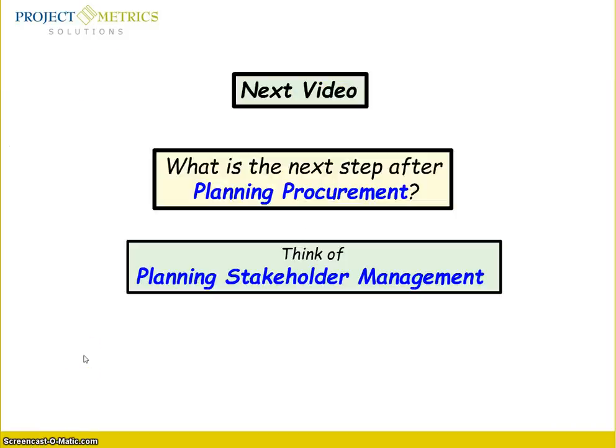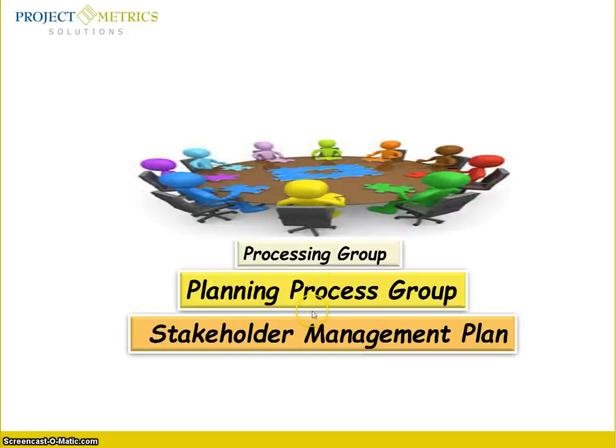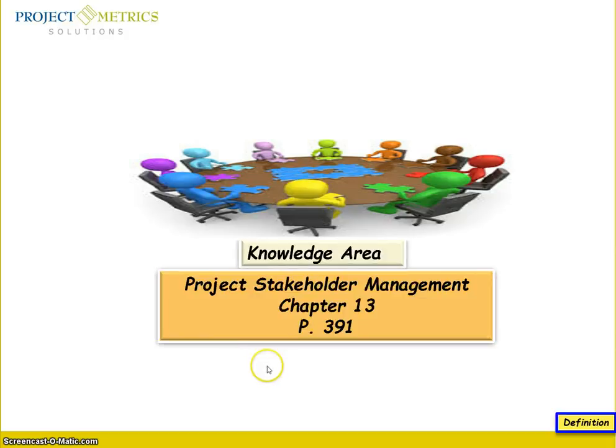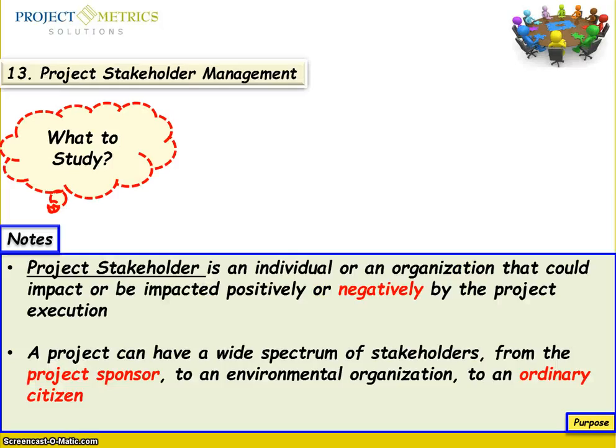Now, the next video is going to be about planning stakeholder management. So planning procurement and then planning stakeholder management, and this is the last thing in your planning. Under the planning process group, there is the stakeholder management plan under the knowledge area project stakeholder management, chapter 13, page 391.